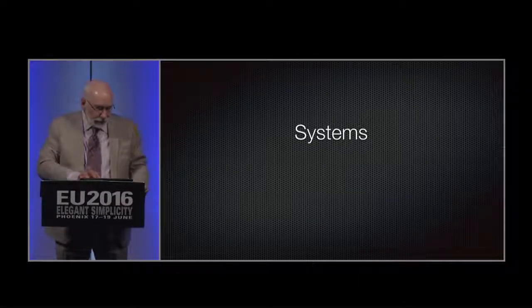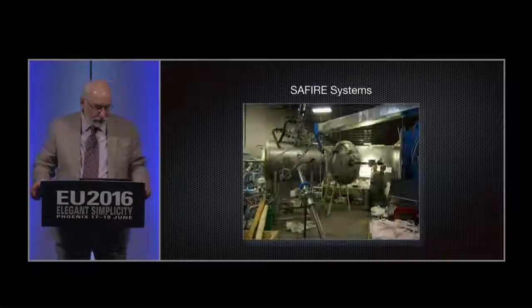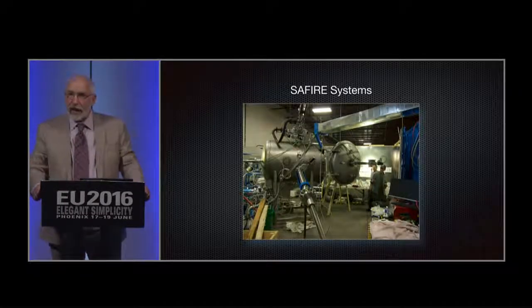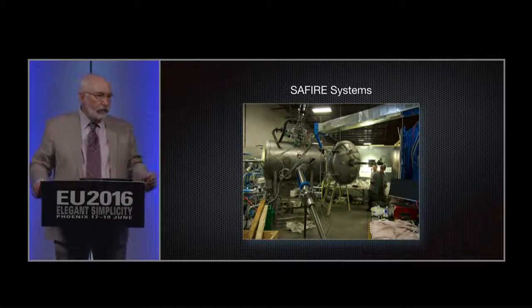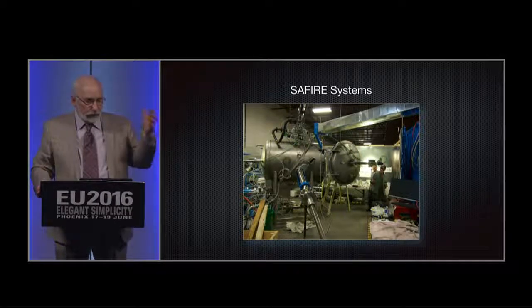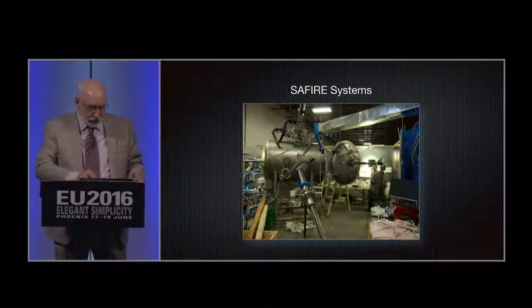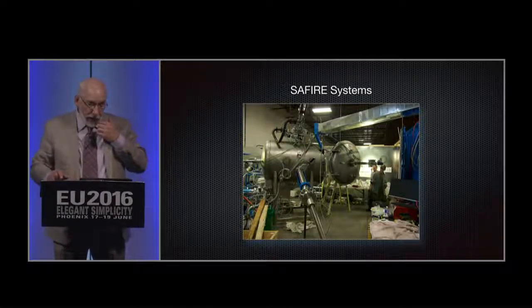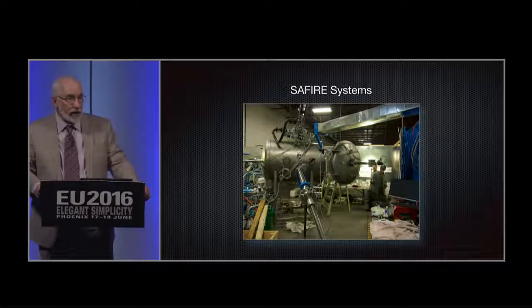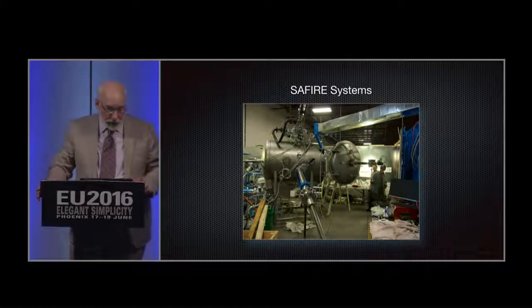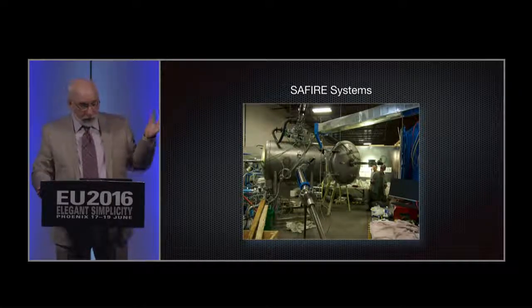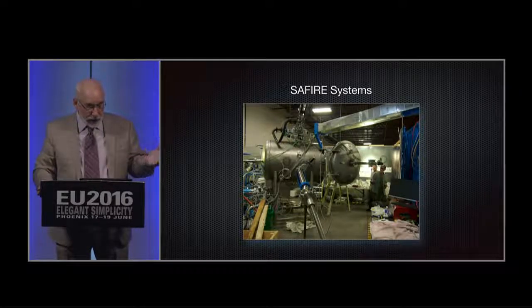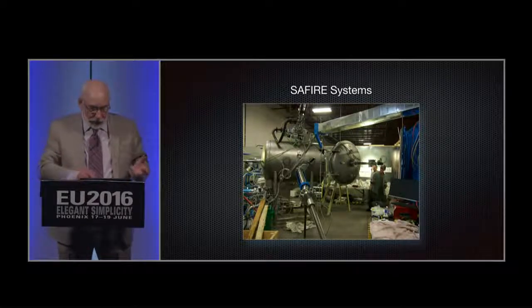So systems. We're going to go back to systems here. Systems is how you get everything to talk and work together: electrical, vacuum, water cooling systems. There are a lot of systems. There are primary vacuum systems, secondary vacuum systems, low vacuum and high vacuum, high voltage systems, medium voltage systems, and low voltage systems used for controls. There are data acquisition systems, computer numerically controlled servo systems, air cooling systems.